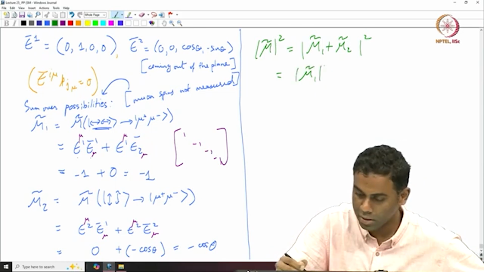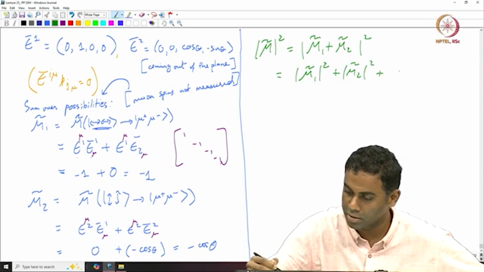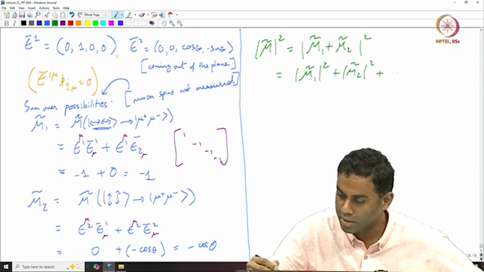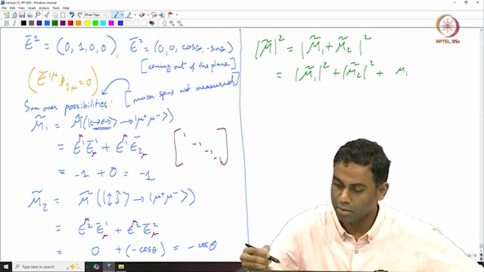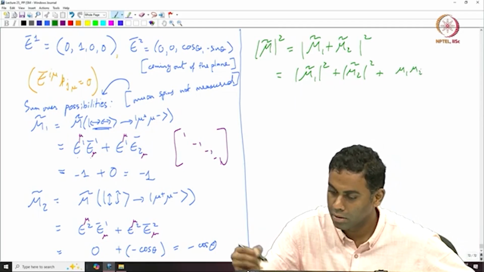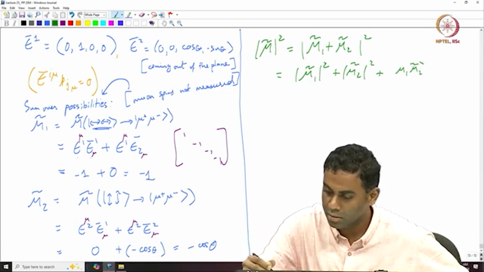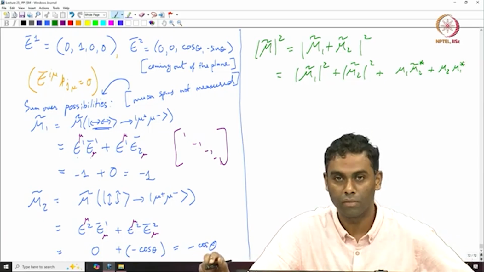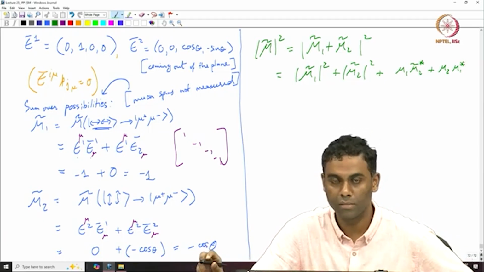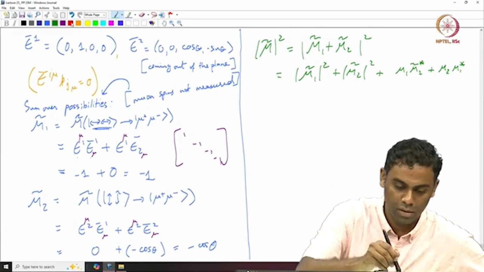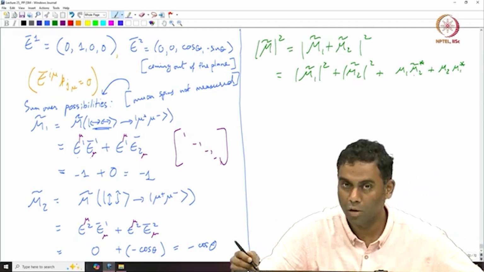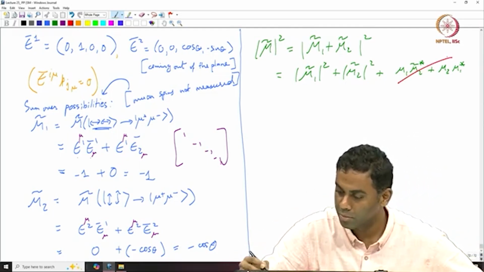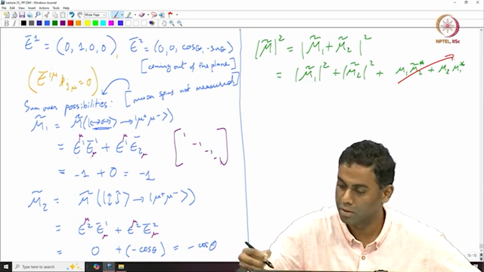It is M1 squared plus M2 squared plus M1 M2 star plus M2 M1 star. Now we don't need to bother with these interference terms, because that just goes to 0.